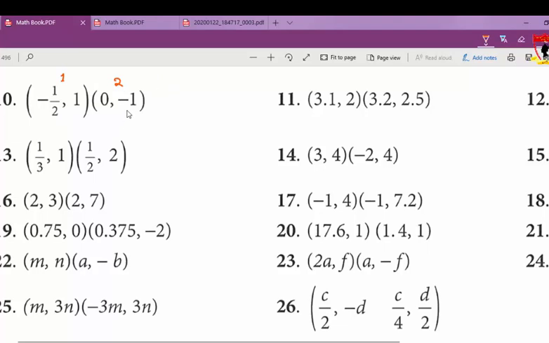Now negative 1 minus 1 over 0 minus negative 1 over 2. Negative 1 minus 1, they are both negative. We have to add them with the same sign. 0 minus minus will be plus, 0 plus.